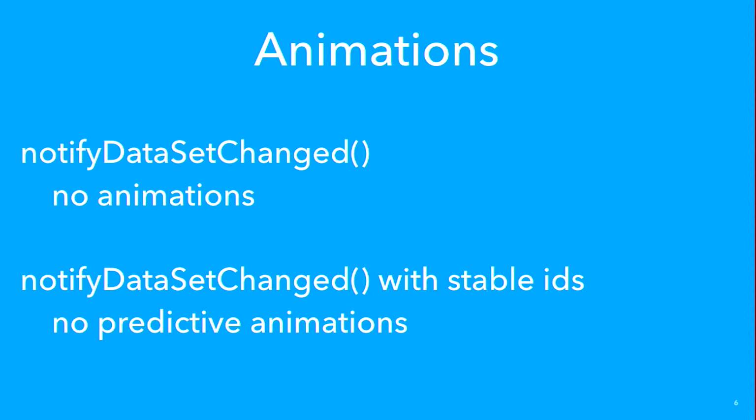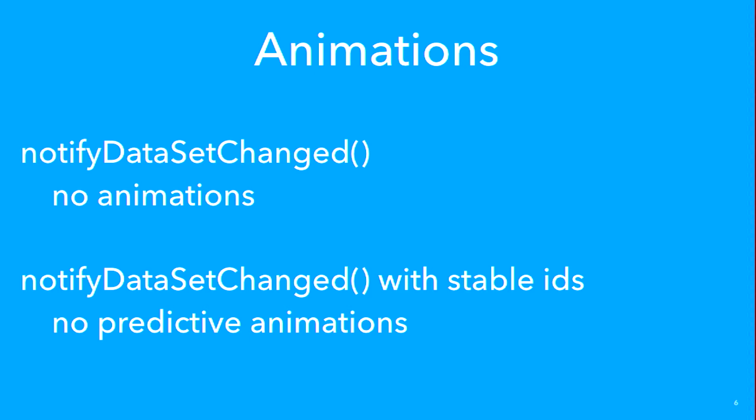But they wouldn't be predictive animations. So when views are coming in from off the screen, where they're not already currently on the screen, they wouldn't have the correct animations. It wasn't the perfect solution, but it was a best-effort solution if you had lots of complex data that changed rather than just appending to a list.